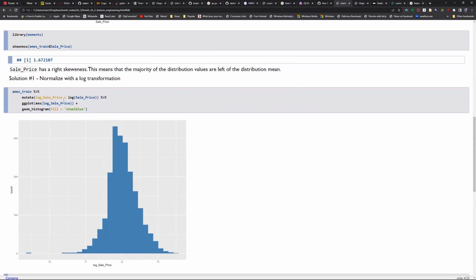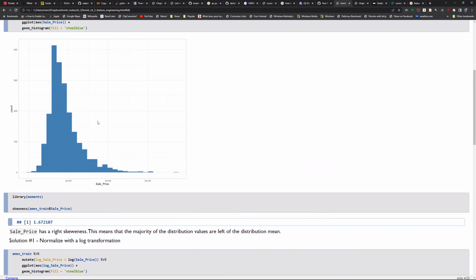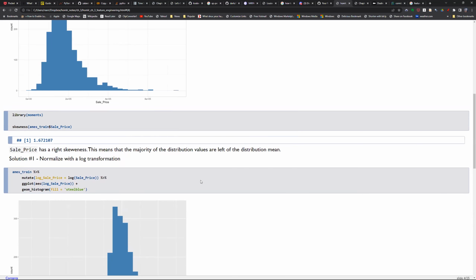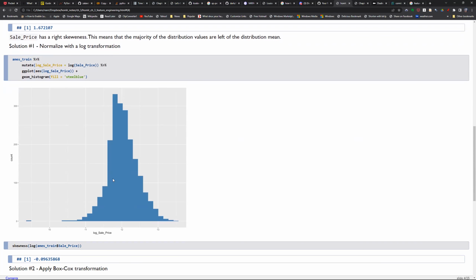If we apply that and just look at it visually, we can see that before we had this right skew. Now we have some values in the tail, but more or less you can see that the distribution is more Gaussian, more normal than the original.